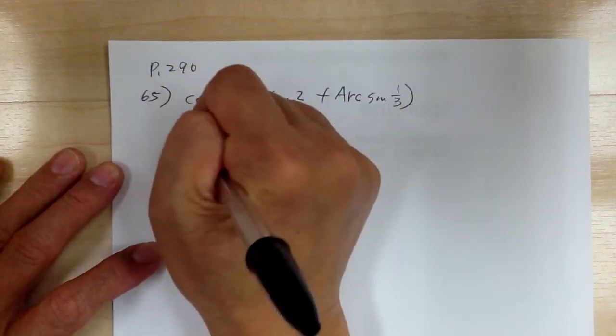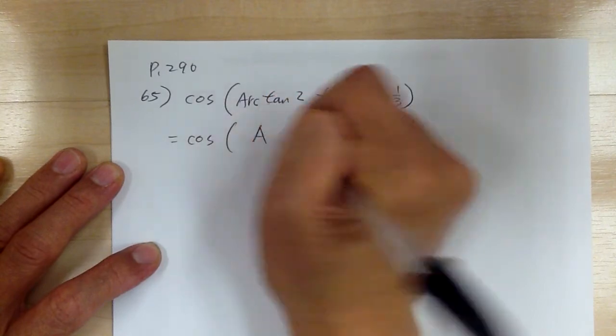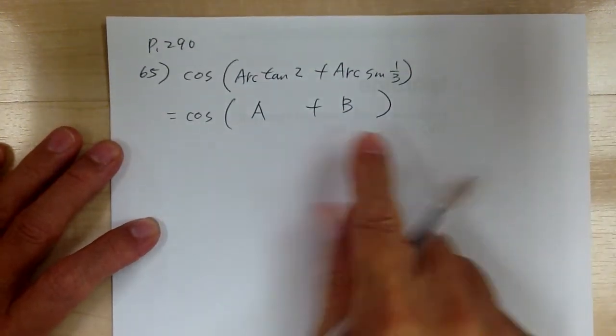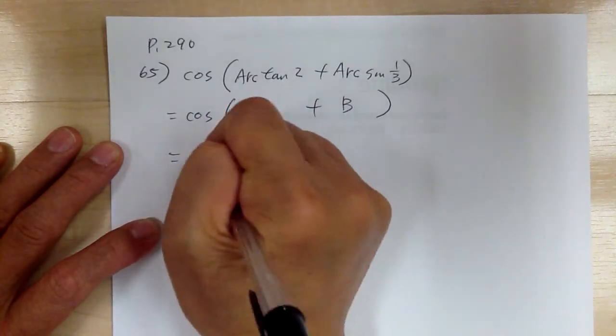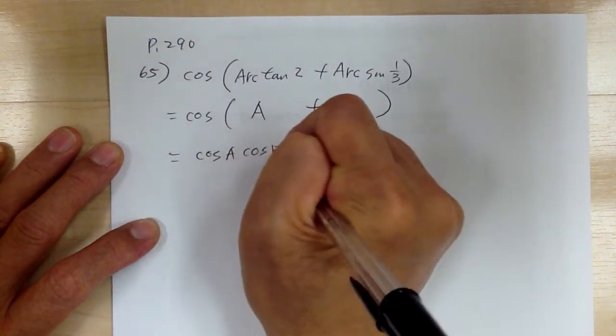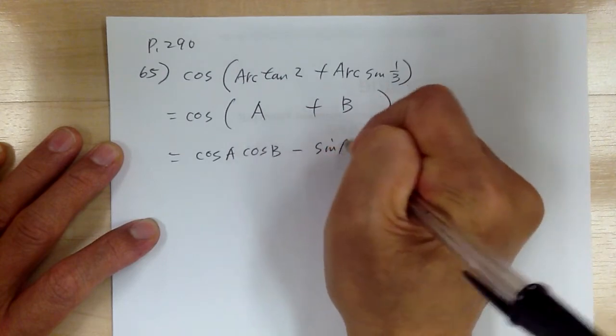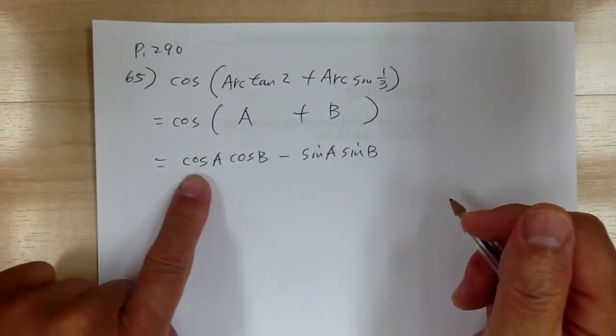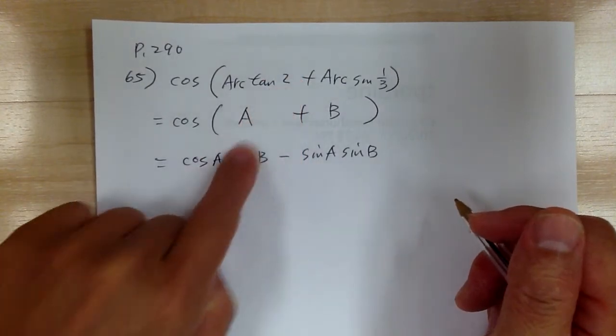So this is equal to cosine A plus B. Then you have to use your expansion, use your identity. So this is equal to cosine A cosine B minus sine A sine B. So you need to know your identities. Now to evaluate, you need to use this to draw your triangle.